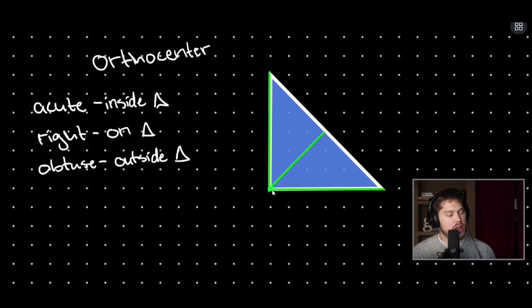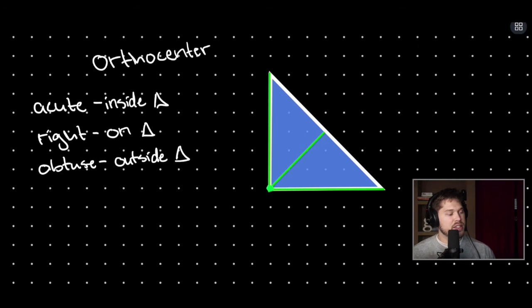It's at your right angle. So for a right triangle, the orthocenter will always be the point where your right angle is, okay? And it doesn't matter how your triangle is oriented. If you have a right triangle, this is an ugly triangle, but if we have a right triangle right here, this point would be your orthocenter.